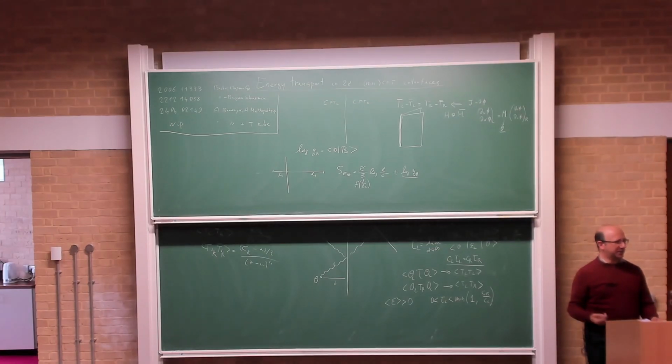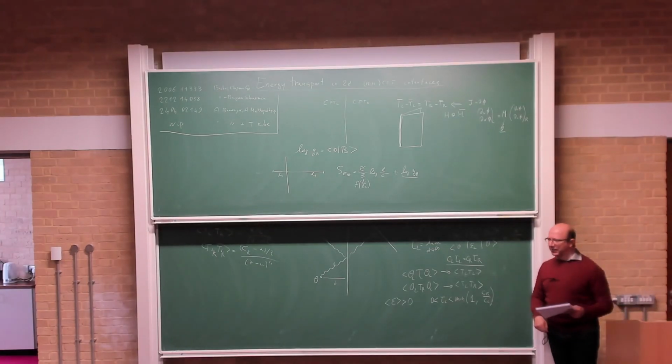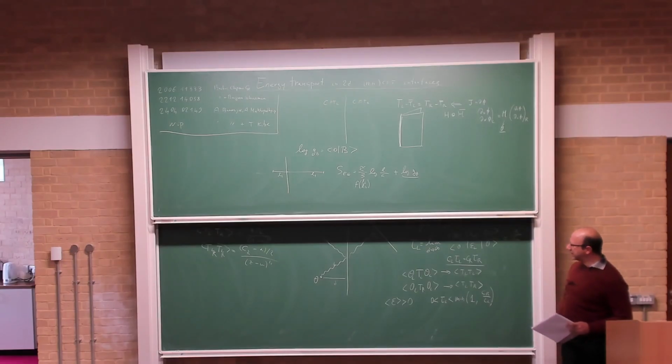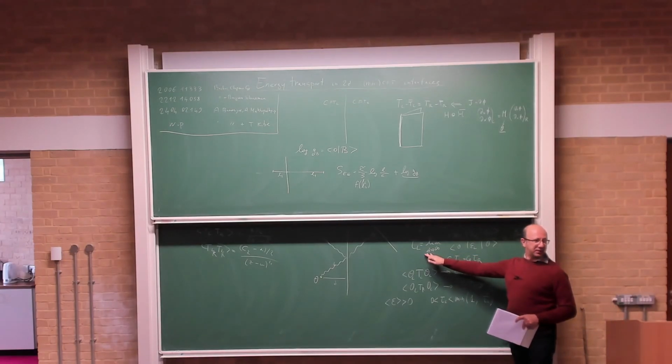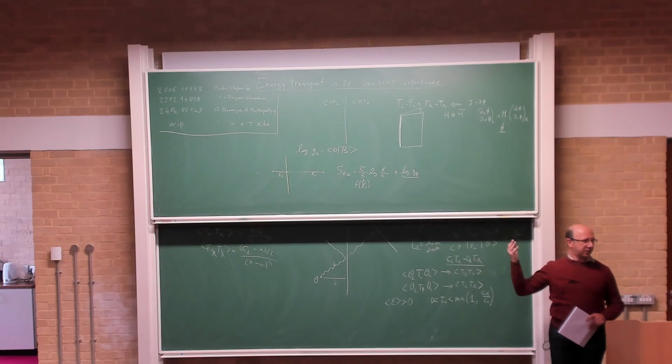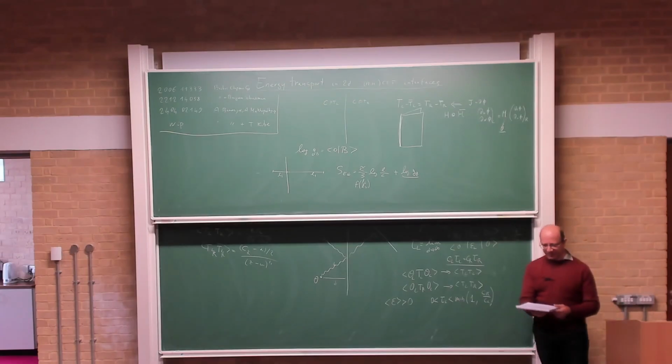There are two numbers. Well, there are actually many more numbers. This basically characterizes all the correlation functions at the level of 2 and 3 point functions of the stress energy tensor. One can show that from 4 point functions on, there will also be new coefficients. So this is very partial.